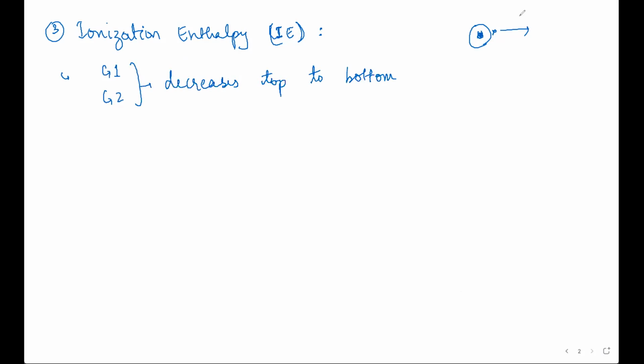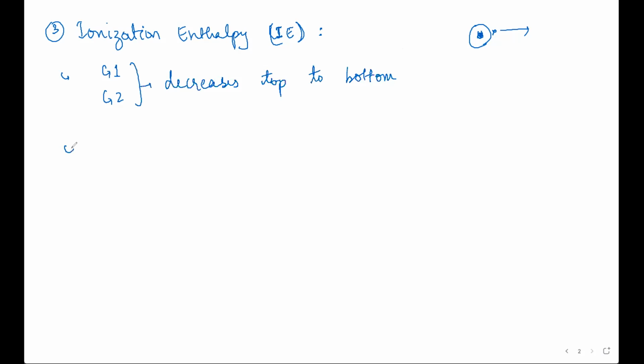Hence, ionization enthalpy decreases. Yeah. Size increases, distance of the outermost electron increases. So again, the effective nuclear charge decreases as the distance increases. Okay, so it decreases from top to bottom for both group 1 and group 2.